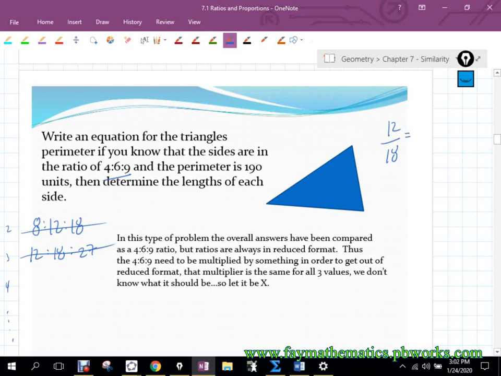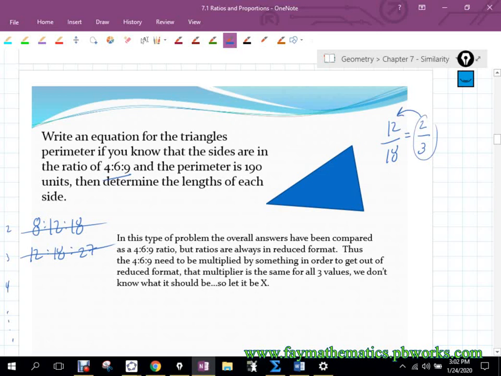I divide that by 6, I get 2. Divide that by 6, I get 3, right? So reducing is done through division, right? How do I enlarge it? How do I go back from 2/3 to 12/18?